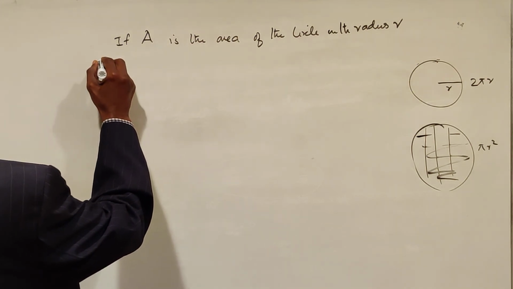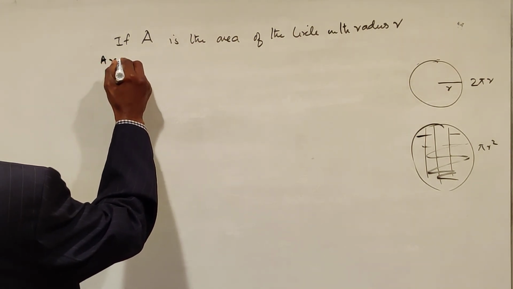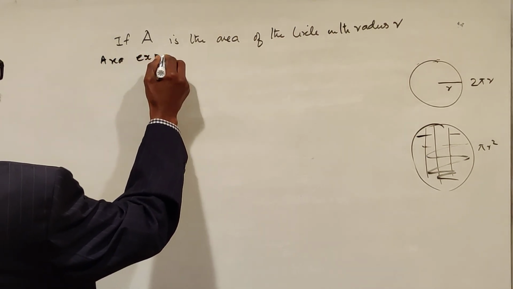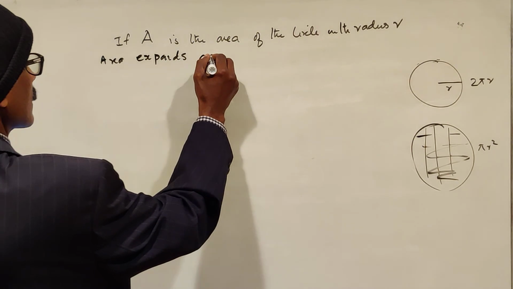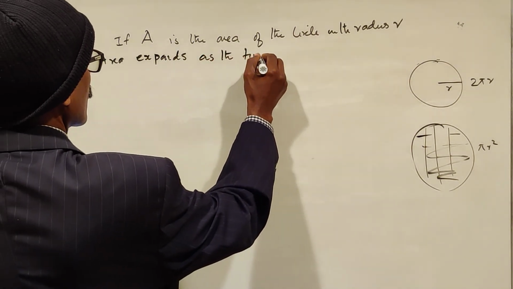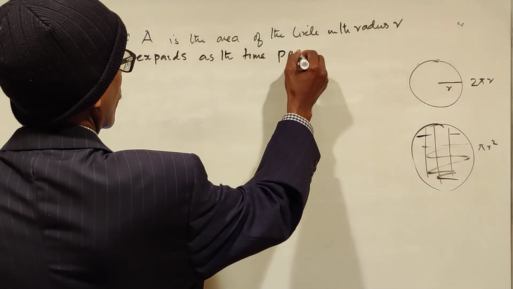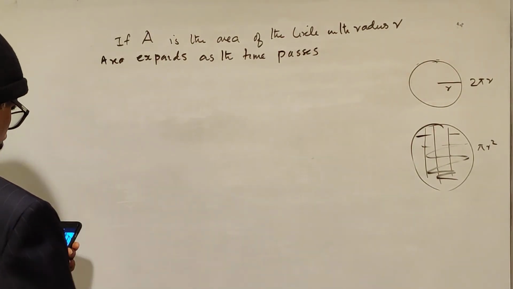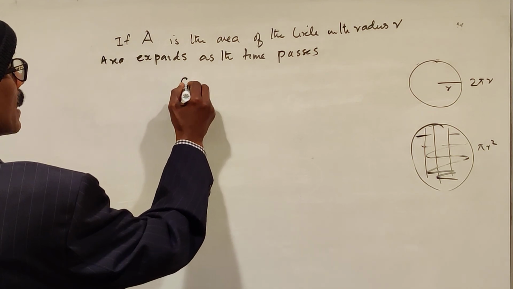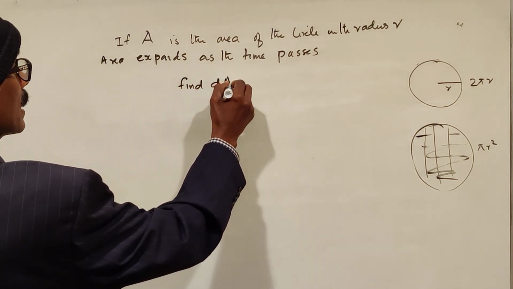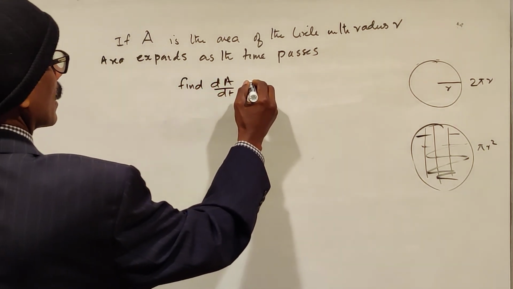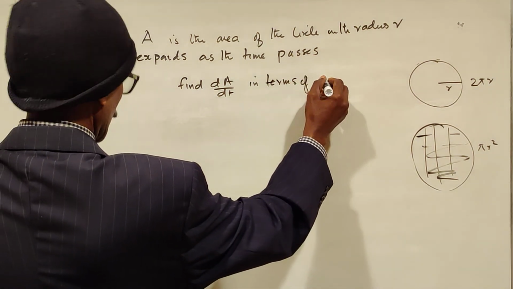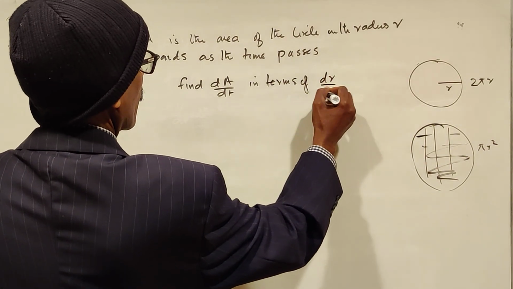The area expands as the time passes. Okay? Find dA by dt in terms of dr by dt. That is the formula.